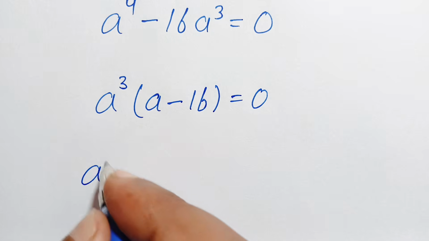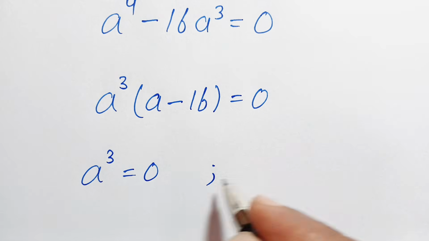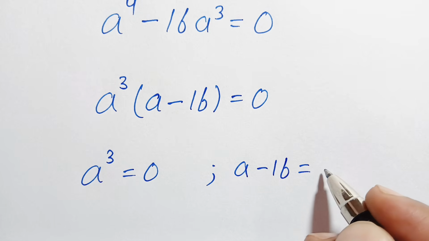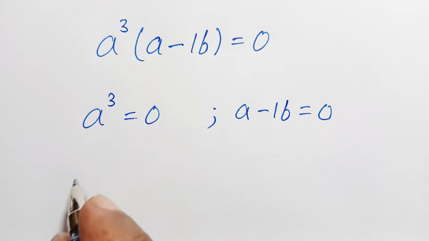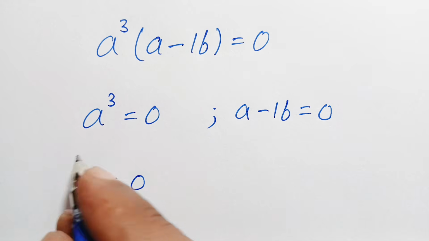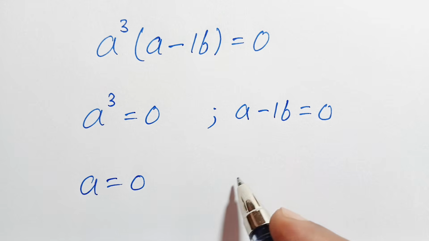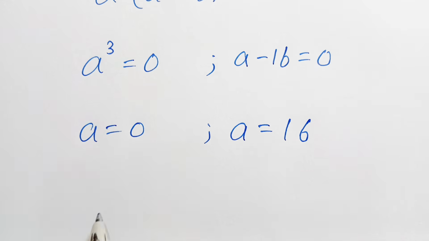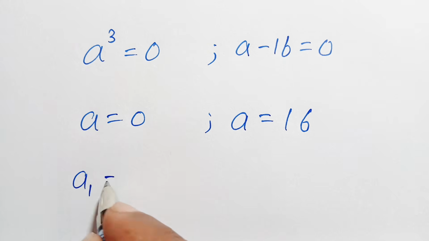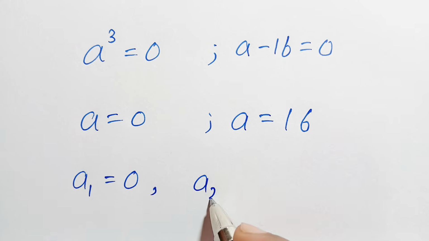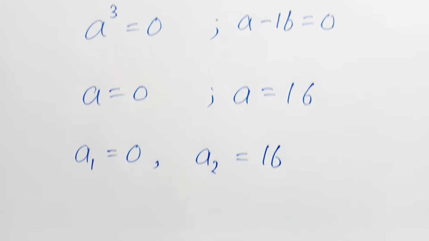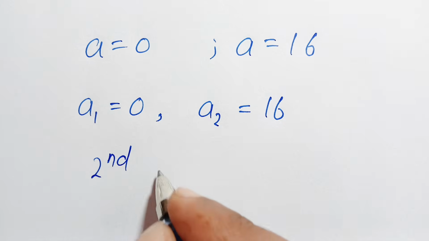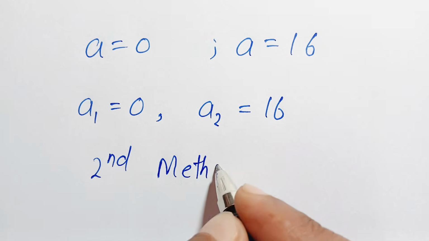Now here a cube equal to 0 or a minus 16 equal to 0. So it means a cube equal to 0, a equal to 0, and here a equal to 16. So we have two values of a: a1 is 0 and a2 is 16. Now we move toward the second method.